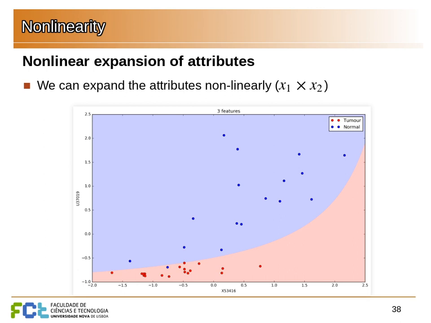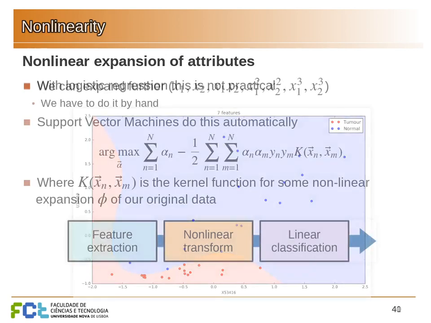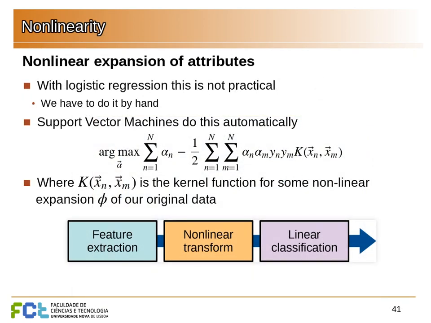I don't know why the blue channel does not appear, but probably there is no connection there. But you can see here slightly the frontier between the two. And if we increase these attributes, we can make it more and more curvy. So this is the idea that is behind, for example, support vector machines.